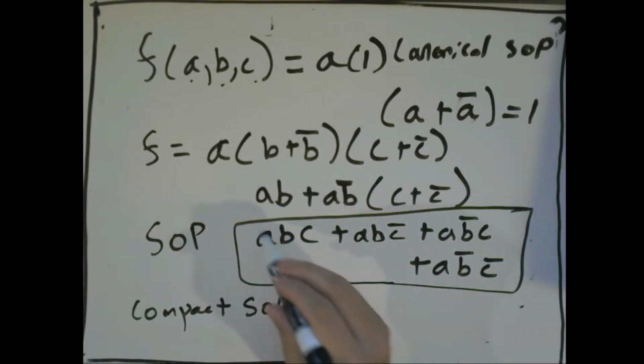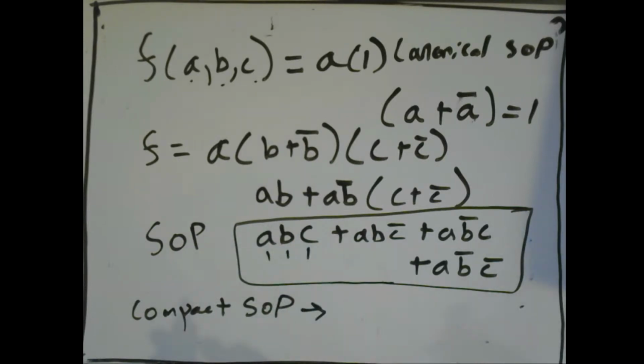This term is 1, 1, 1, which is equal to 7. This term is 1, 1, 0, so that's equal to 6. We have the term 1, 0, 1, and that's equal to 5. And then we have a term 1, 0, 0, which is 4.